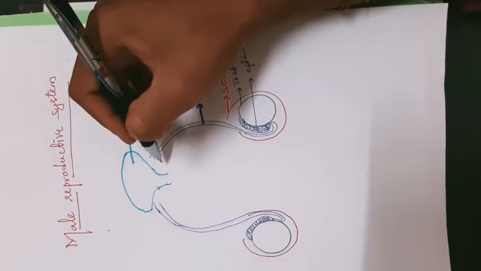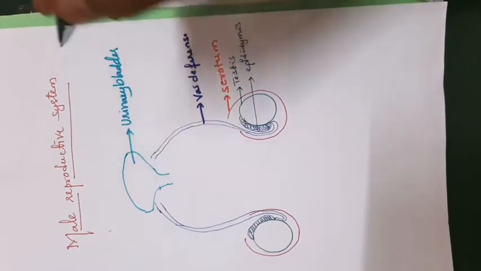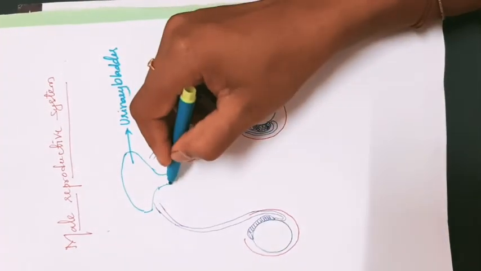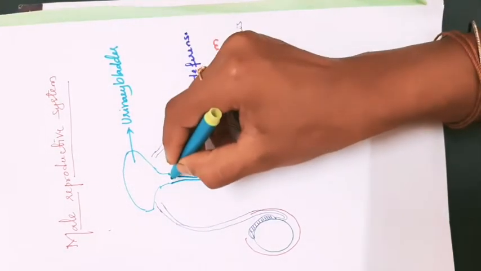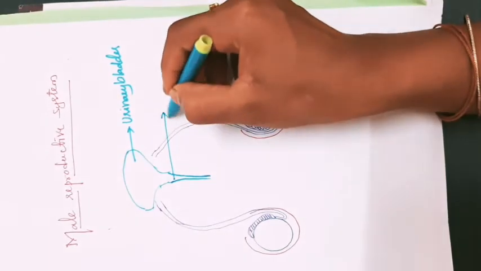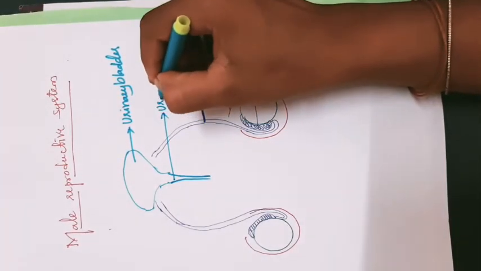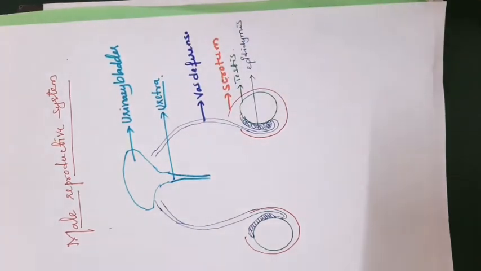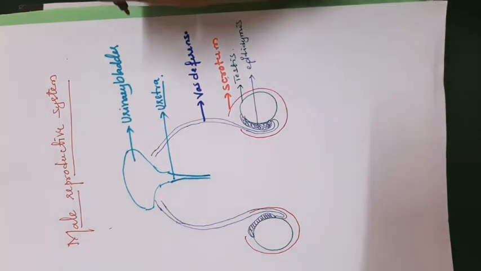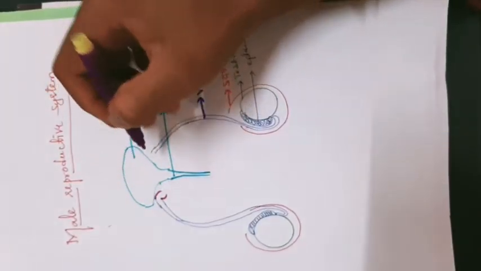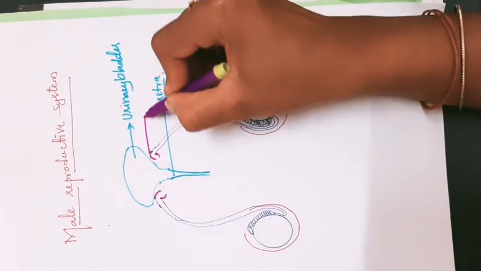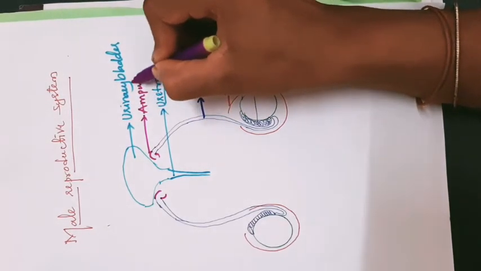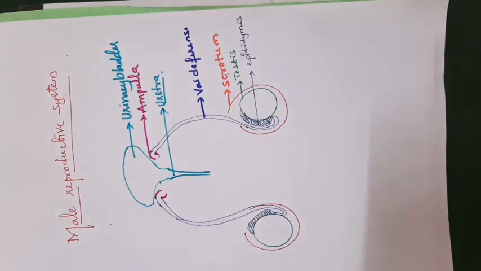For the passing of urine, a small tube-like structure arises from the urinary bladder, called the urethra. Before attaching with the urethra, the vas deferens has a bulge or swollen structure. That structure is called the ampulla.